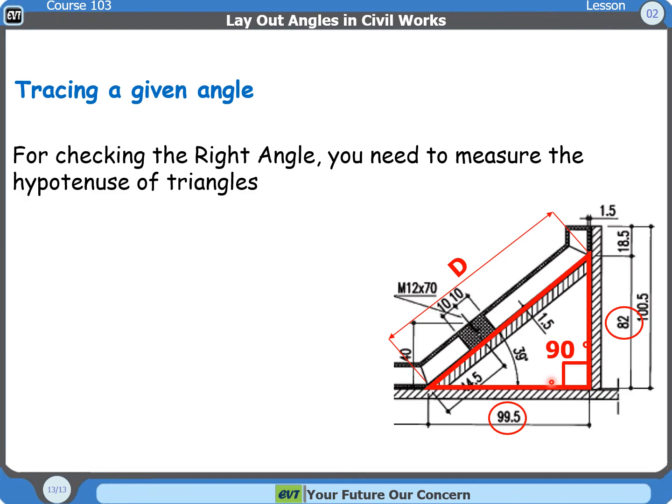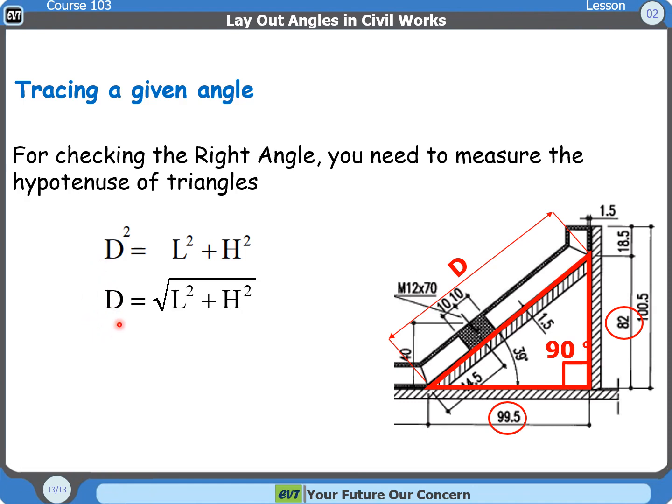To check that it is the right angle, you need to measure the hypotenuse of the triangle. According to the Pythagorean theorem, the lengths of the sides of any right triangle are related by the expression D squared equals L squared plus H squared. Now suppose the length of side L is 99.5 meters and side H is 82 meters.